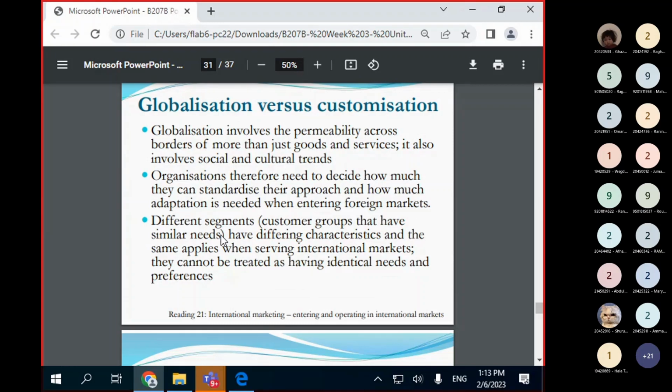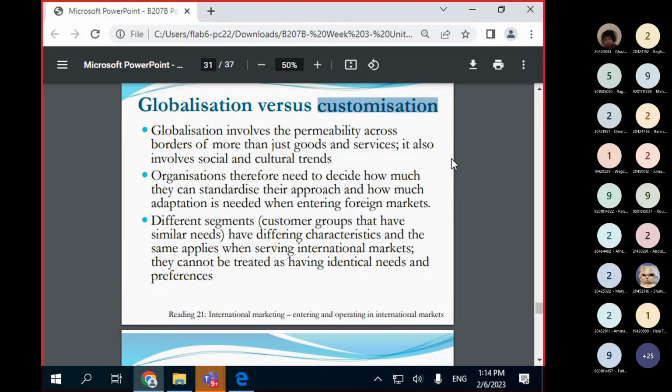Okay, now the question here is how much of my initial product should I change? Should I customize to make it good enough to be accepted by the new consumers that are in the new market? Okay, should I keep my product offering as it is, or should I make some changes to make it more suitable to this other market that I am targeting?